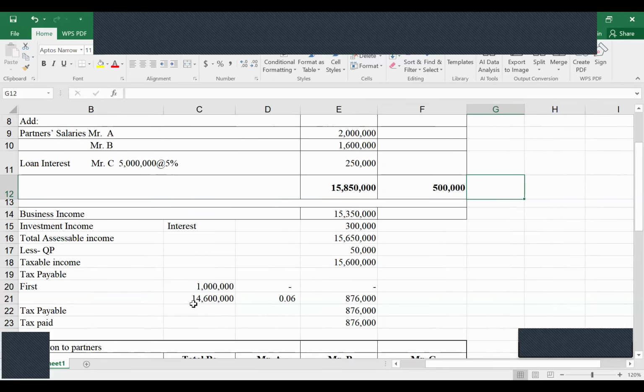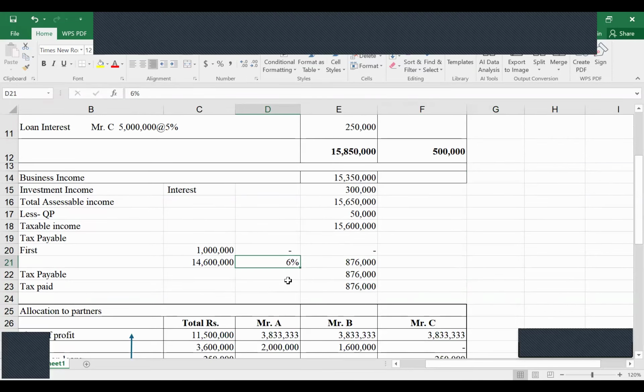For the balance part, the applicable tax rate is 6%. So that is 876. So payable tax is 876. It is already paid. So 876 was paid.